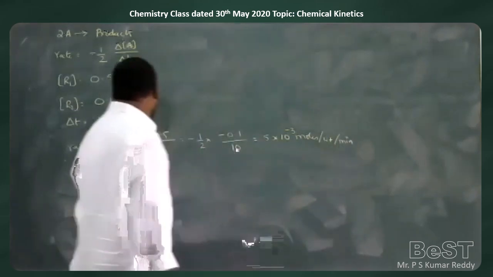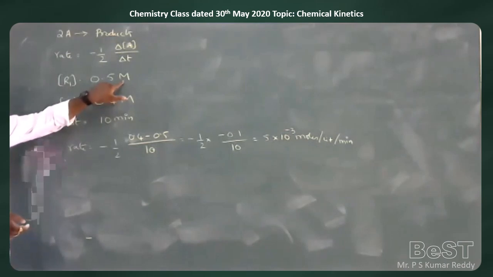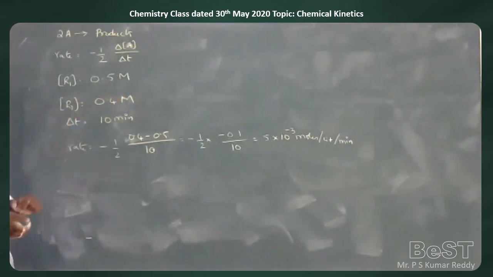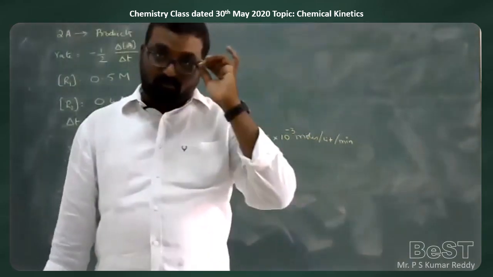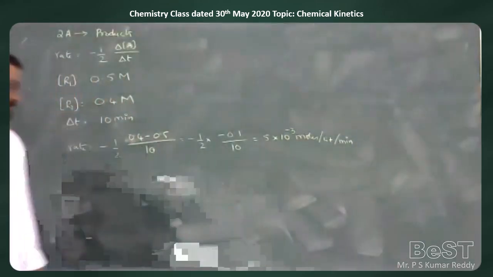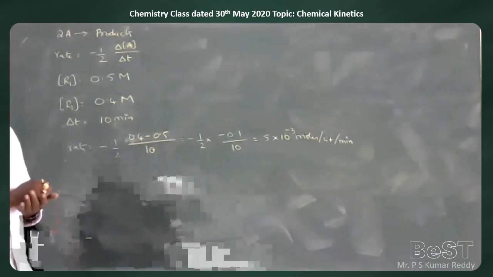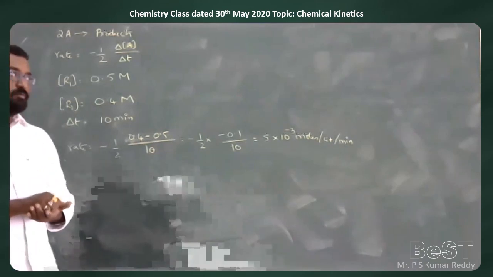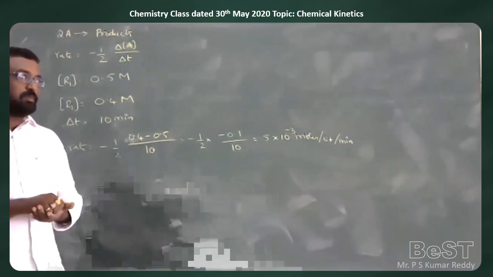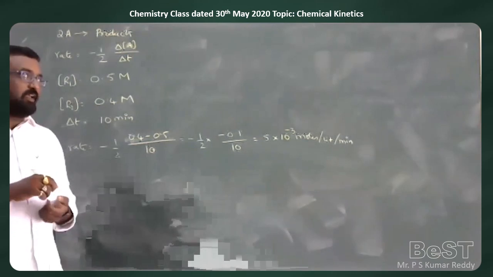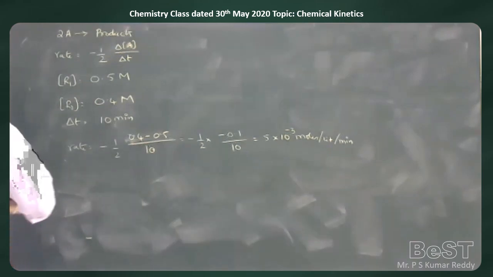Why? Because here we had taken time in minutes. Capital M means molar, which is nothing but moles per liter. So in this way, you can relate the rates of reactants and products and do the problems.